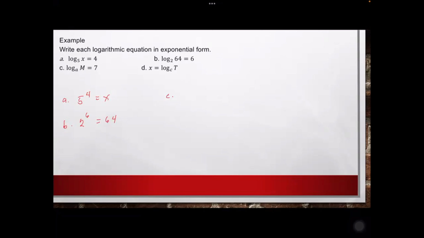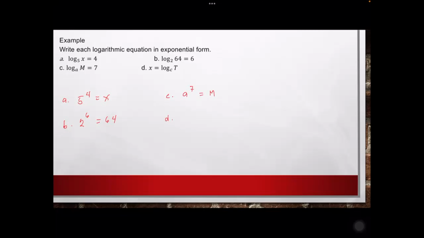How about letter C? We have the logarithm of m is equal to 7 with base of a. Okay, so that is a raised to 7 is equal to m.